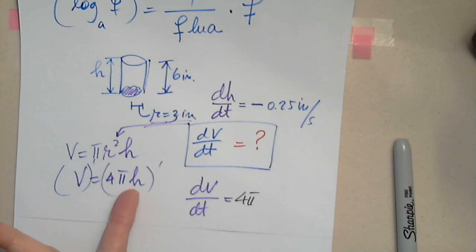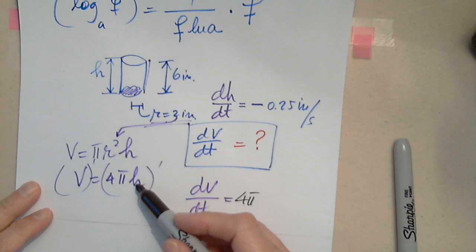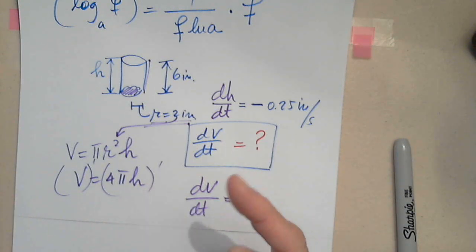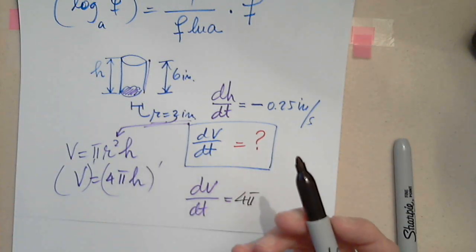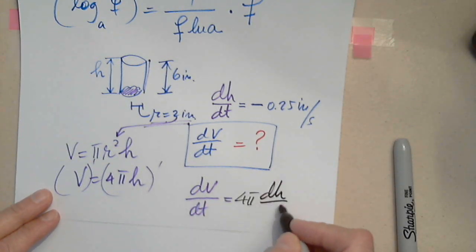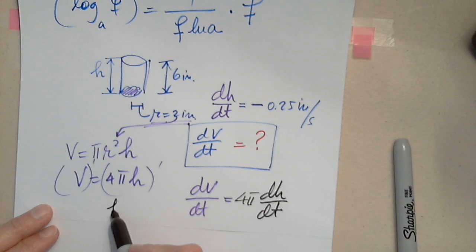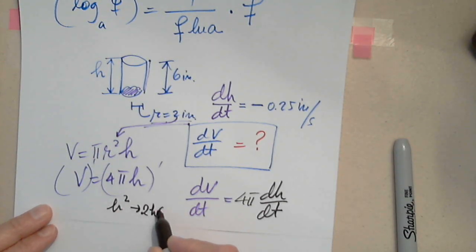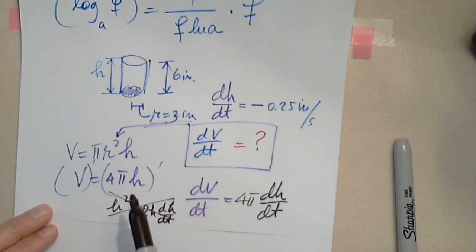So it'd be 4 pi h dh over dt? When I differentiate h, I bring down the power and I subtract 1 from 1, right? So I get 1 multiplied by dh over dt. So if I had h squared, that would have been 2h dh over dt. But that's not the case. I only have h.